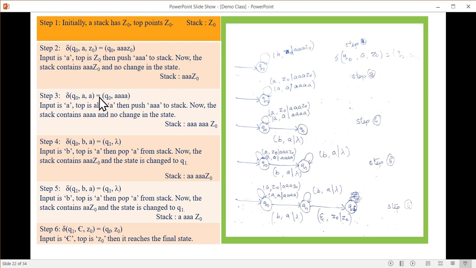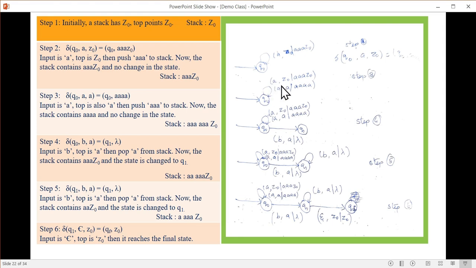Next, the third transition: the current state is Q naught, the input is A, and the top of the stack is also A. Then it has to stay in the current state, and since the input is A, we have to insert three more A's into the stack. Already the top of the stack is A. So in the second diagram for this, Q naught also has to stay in the current state, Q naught itself.